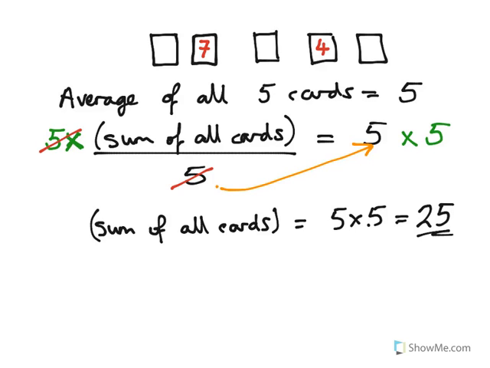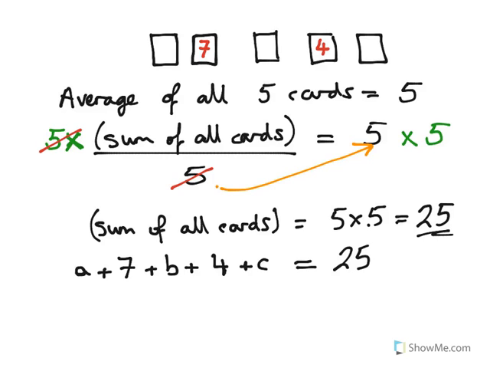Now we know, we don't know what these first 3 cards are. Let's call them A plus 7 plus B, we don't know the next number either, plus 4, plus C actually equals 25. So the sum of all of these cards must equal 25.